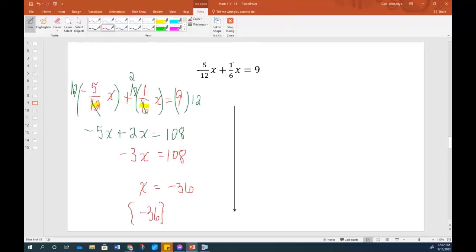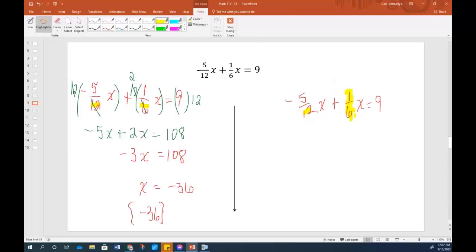Now, if you did not want to do that, then we take the negative 5/12x plus 1/6x equals 9. So I just copied over that problem again. And what you do is you focus just on getting common denominators. So here the common denominator we've already mentioned would be 12.